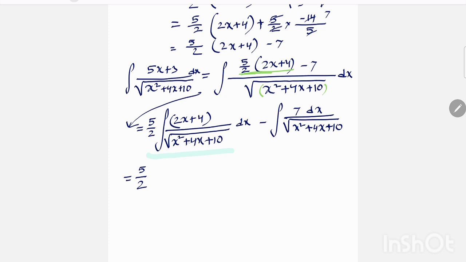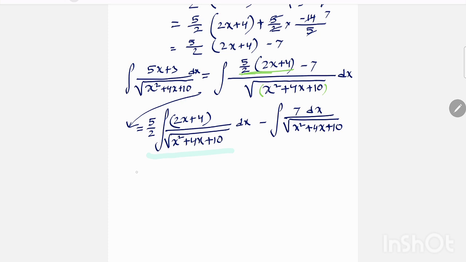Let me take them as I1 and I2 so that space can be used, because if you take two terms together then it will be a little lengthy to write.